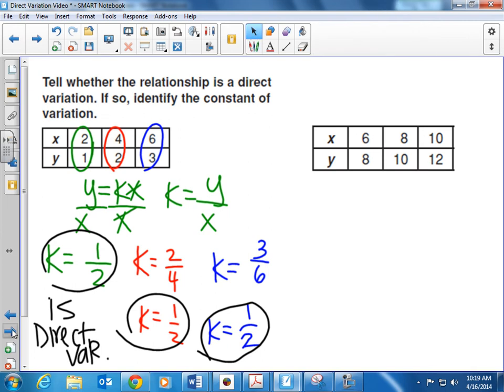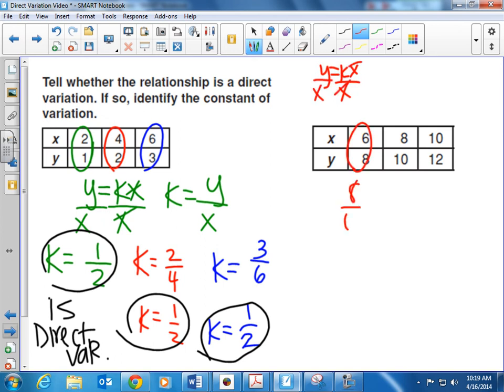All right, let's look at the next one. I can take my equation y equals kx, just as we did in the last one, and solve for k. k equals y divided by x. So I take y divided by x, 8/6. What is 8/6 reduced to? 4/3. Okay, let's look at the next ordered pair. I have y over x, 10/8. What does that reduce to? 5/4.